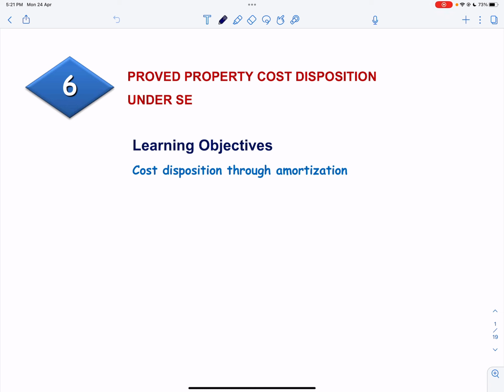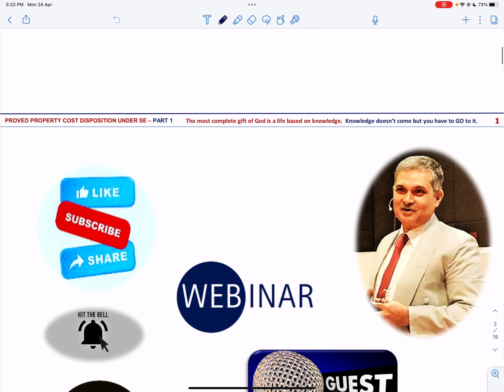We will explain how to calculate DD&A, that is depreciation, depletion and amortization, when oil and gas reserves are produced jointly and on a field-wide basis. And finally, we will explain how to calculate estimated future dismantlement, site restoration, abandonment costs, and salvage value.